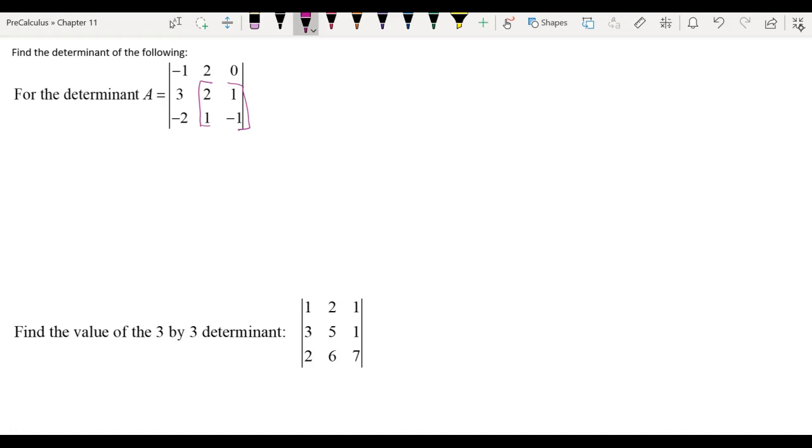So you're going to do 2 times -1 minus 1 times 1, and you're going to times your number by -1. Okay? So you get -1 from here, times 2 times -1 minus 1 times 1. Okay, any questions on how we found the first part?